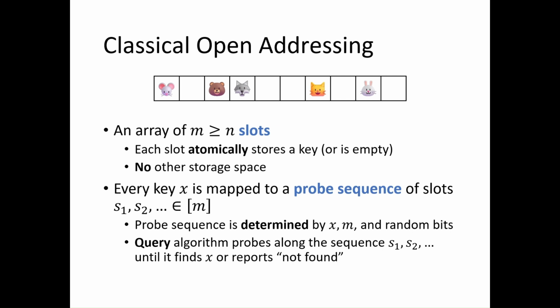Once this sequence is fixed, when we query the key X, the query algorithm is forced to probe the slots along the sequence, in the order that the probe sequence specifies. It must first probe S1, and then S2, and so on, until at some moment the hash table is able to conclude that either X is already found or X does not exist. So once a hash table satisfies these two properties, we call it a classical open address hash table.